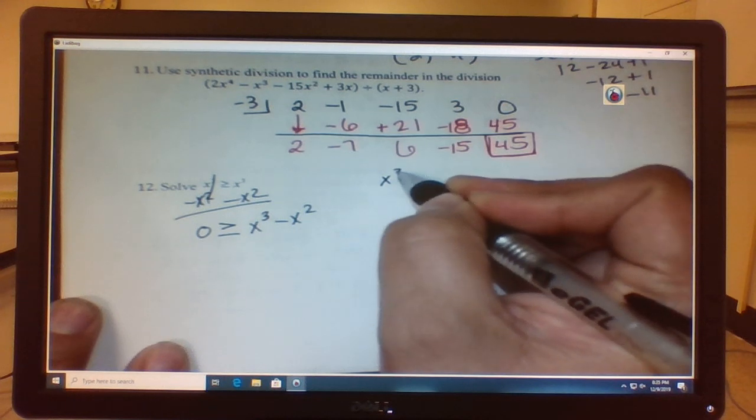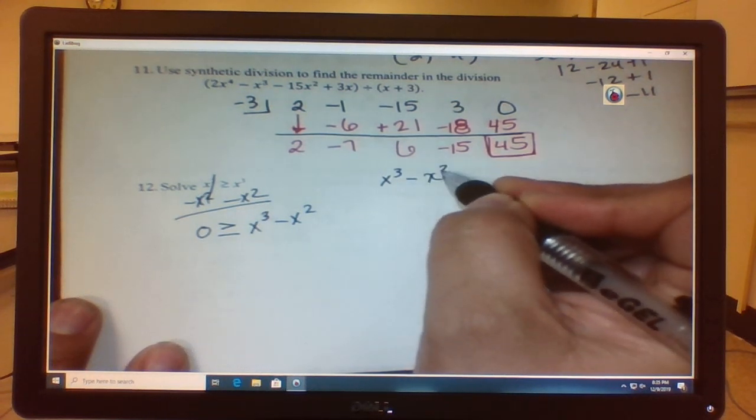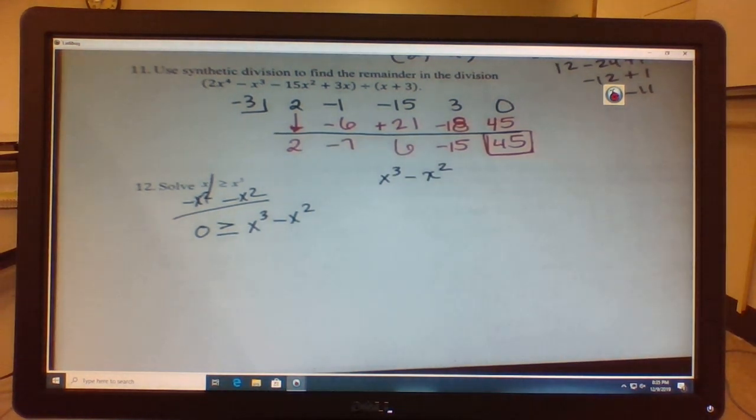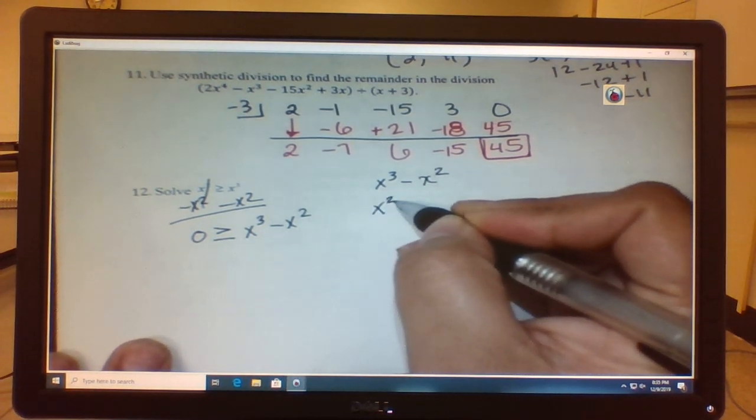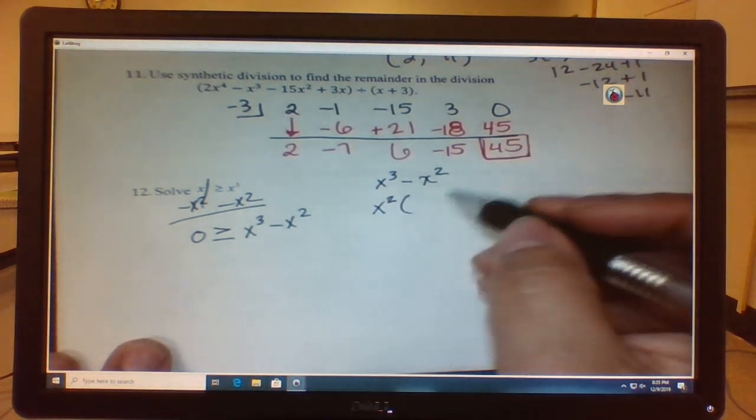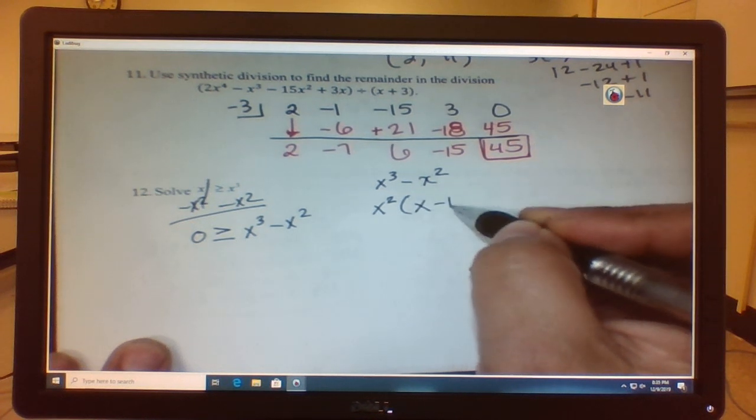I am going to take that new equation and figure out if I can factor anything out. And the answer is, I can factor out x squared. If I factor out an x squared, what's left over? X minus 1.